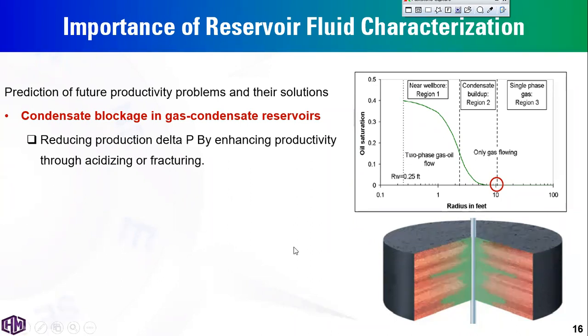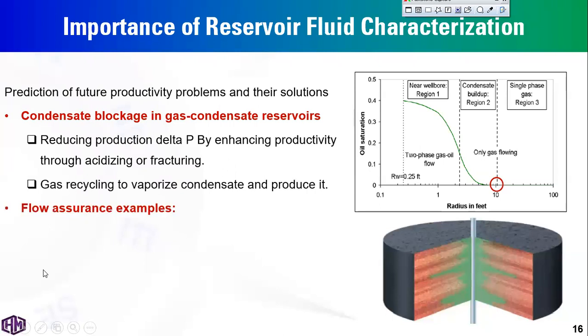So this phenomenon is also important to be characterized using PVT experiments. In this case, the possible scenarios to resolve this issue are gas recycling or even hydraulic fracturing to improve the mobility of the gas in the near wellbore region.